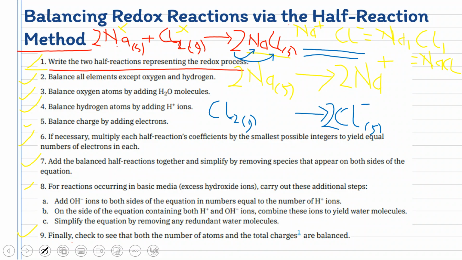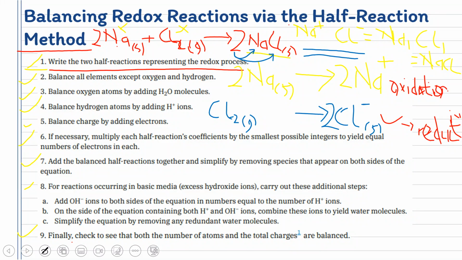Remember we said in reduction you gain electrons. So chlorine is gaining electron here. So this is the reduction process. Sodium losing electrons. So this is the oxidation process. I'm just trying to help you remember what we've learned already. You should have known this already because we already learned this.